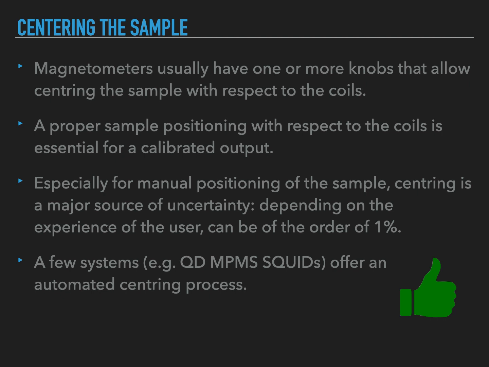Most magnetometers offer knobs for manual positioning of the sample in the correct position, but that manual procedure depends on the experience of the user and is a major source of uncertainty, which is very seldom smaller than 1%. A few systems, especially SQUIDs, offer an automated centering process that, in principle, should ease repeatability.